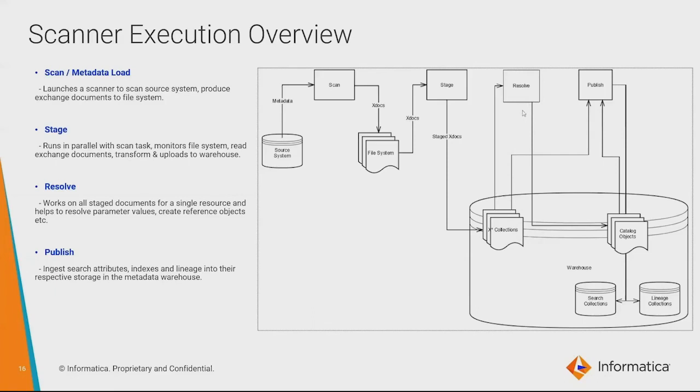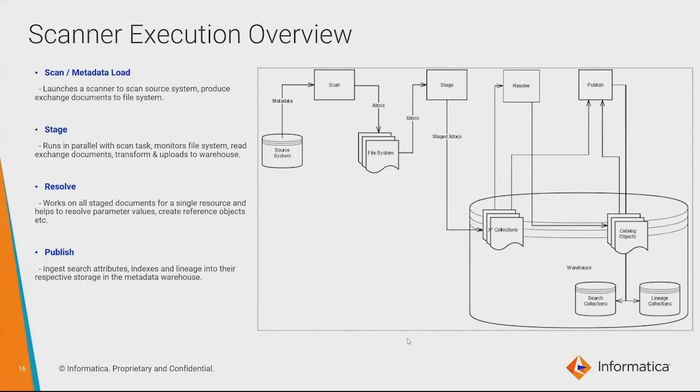It also takes care of any delta detection at this stage. Once the resolve job is done, the publish job takes care of publishing all these search attributes, indexes, and lineage into the respective storage in the metadata warehouse.